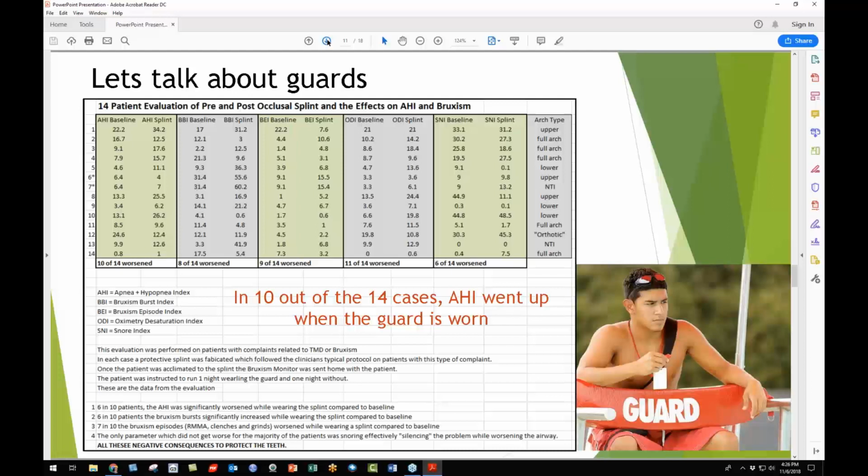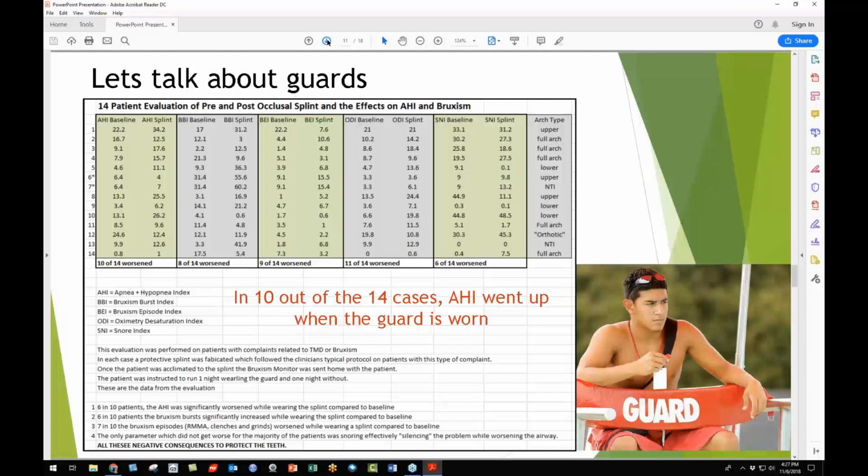Outcome 2 is that the airway improves. So maybe by virtue of just creating a little vertical, by putting the guard in, it improves the airway. You change the geometry, like I said earlier, and that change improves the functionality of the airway. And then the third option is the opposite, where you put a guard in and changing the geometry of the airway worsens the airway.